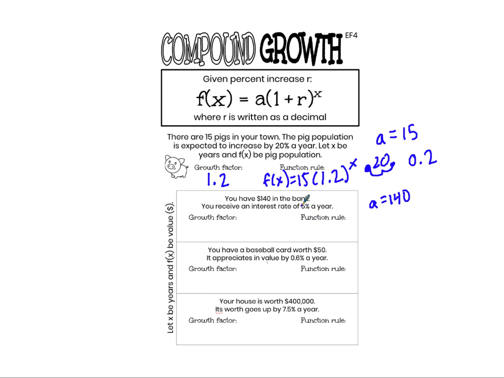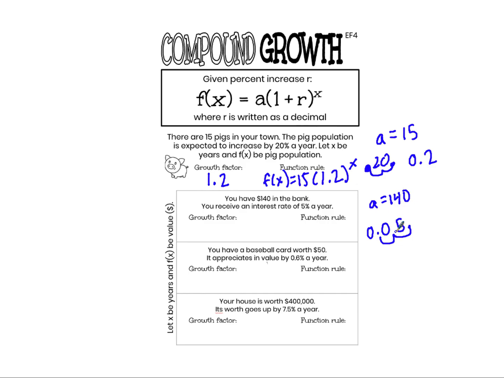When I put money into, for example, a savings account, I receive an interest rate much lower than 5%, but that's how much the bank gives me to keep my money in the bank. So I need to write this 5% as a decimal. So 5 divided by 100. Shortcut, move the decimal 2 places to the left. That gives me 5/100ths, or 0.05.